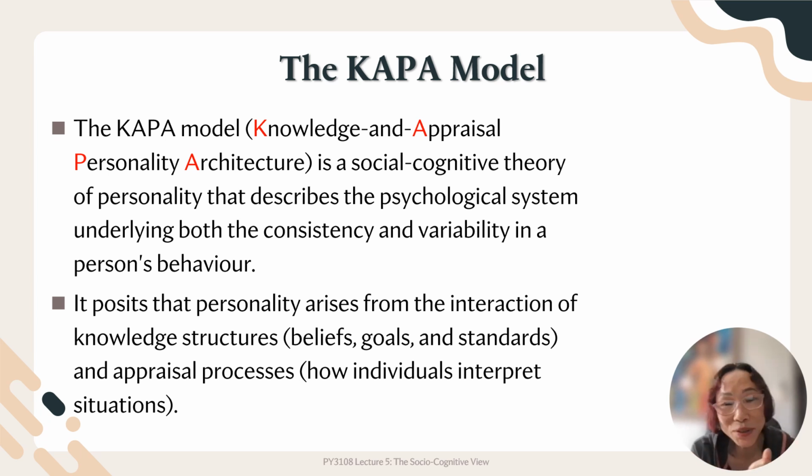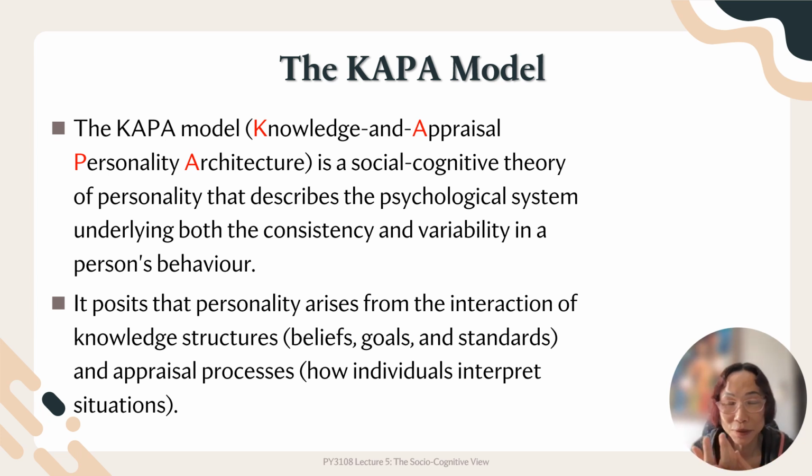It is the social cognitive theory of personality that describes the psychological system underlying both the consistency and variability in a person's behavior, which means it addresses the gap.